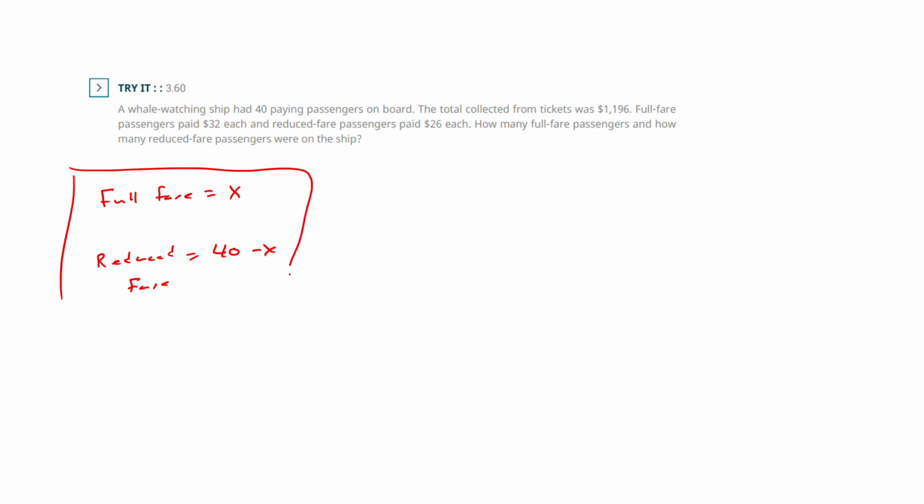So my dictionary is now built. Full fare was $32 per person. Reduced fare was 40 minus X. And if you add that up, you get the 1196. Okay, I'm distributing. So sending that 26 to both of those.